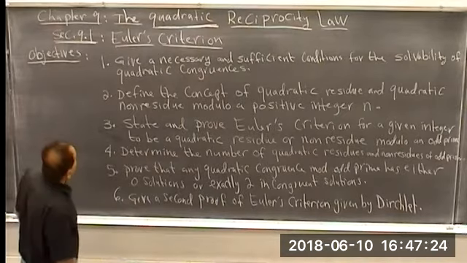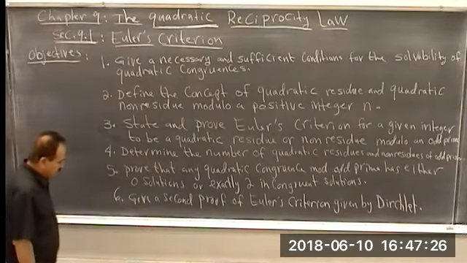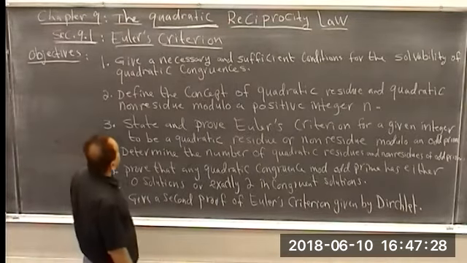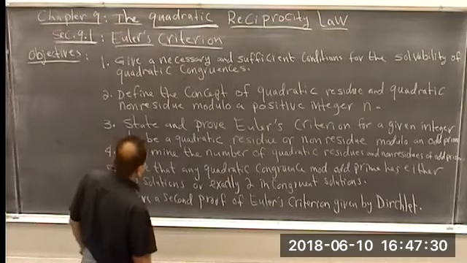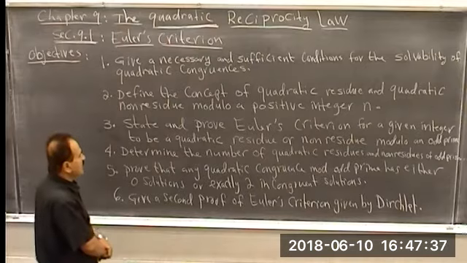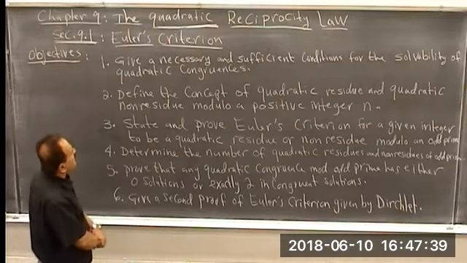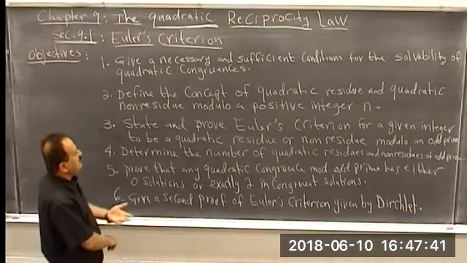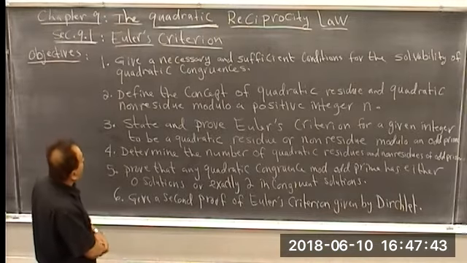So we're going to start with section 9.1, and in it we're going to prove a criterion called Euler's criterion that determines whether an integer is what is called a quadratic residue or a quadratic non-residue modulo an integer n.